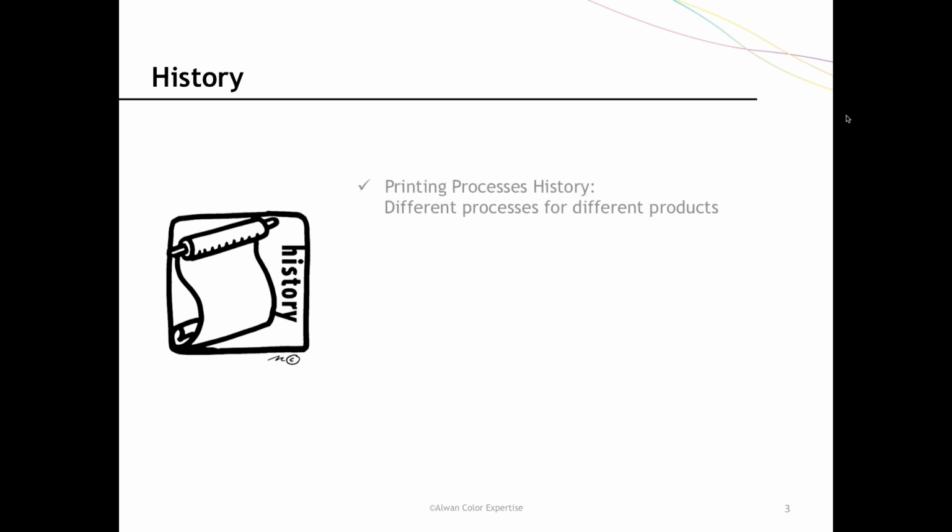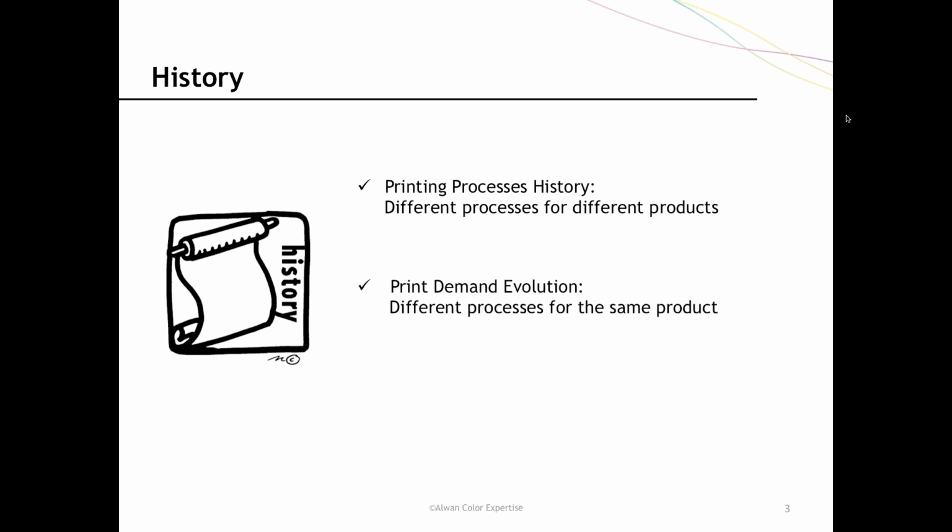So a brief history, just to remind you that the printing industry has evolved since it started a few hundreds of years ago. The printing processes have evolved, the demand has evolved, the printing technologies have evolved. And all these evolutions made necessary changes in the way we address print.